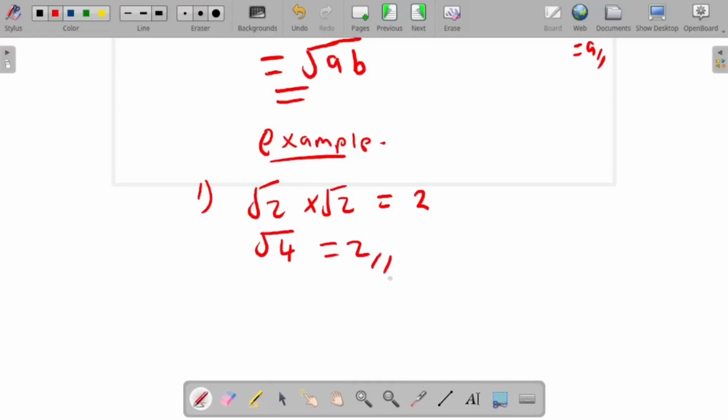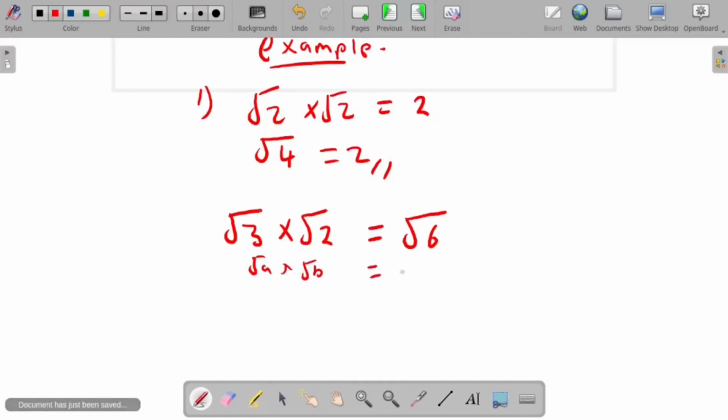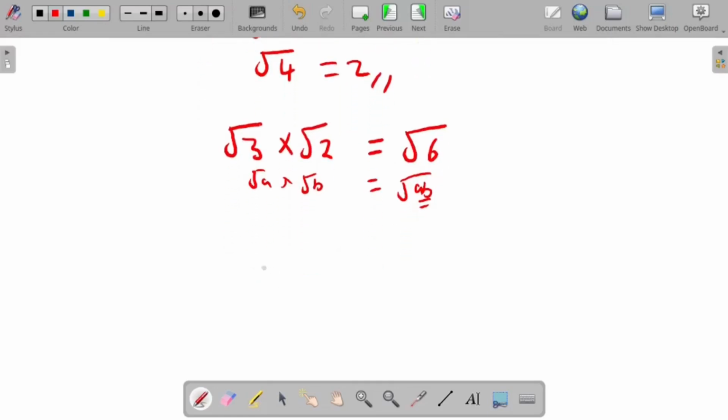But in the case where we have got the root of 3 multiplied by the root of 2, we're going to end up with the root of 6. This is more like having the root of a multiplied by the root of b to give us the root of ab. In this case, the ab is the 6. But I said this rule is very nice because it tells us a lot.